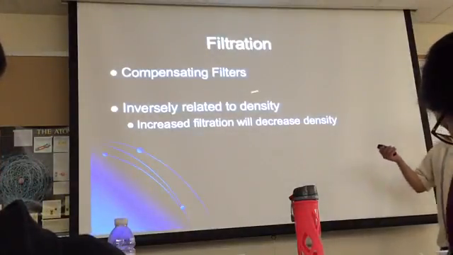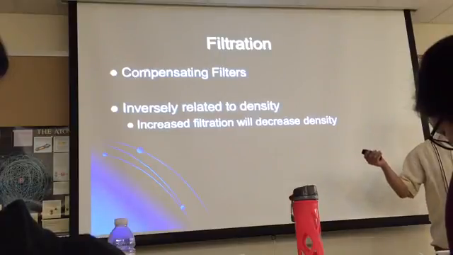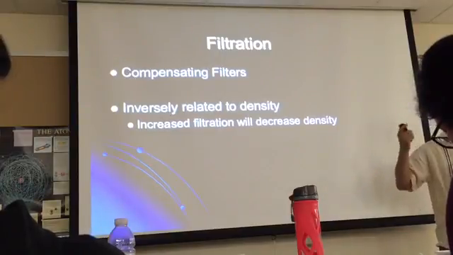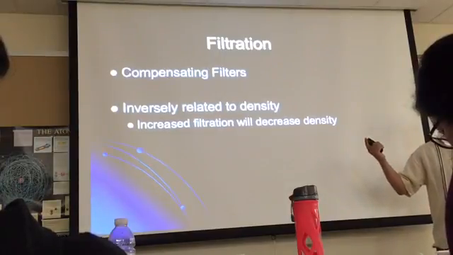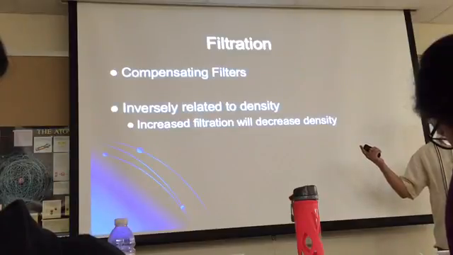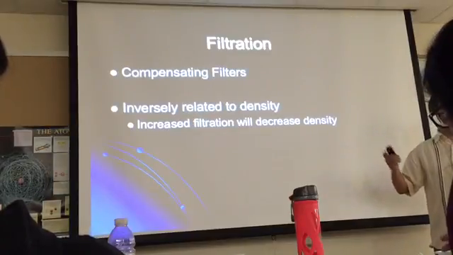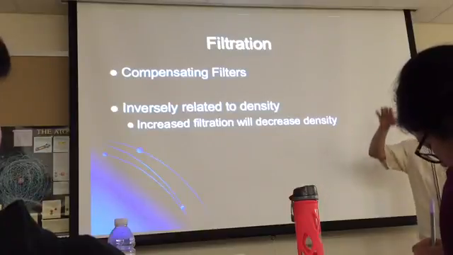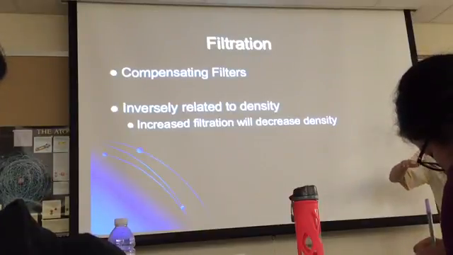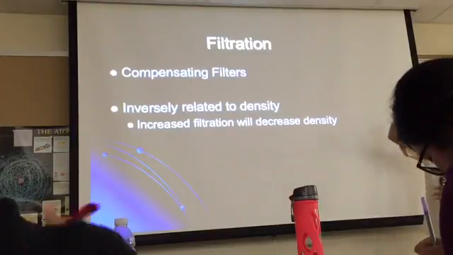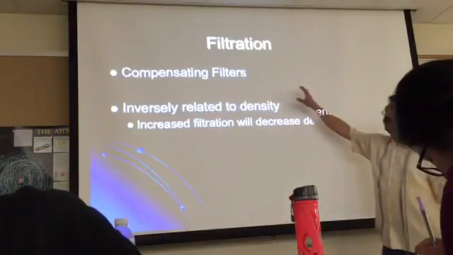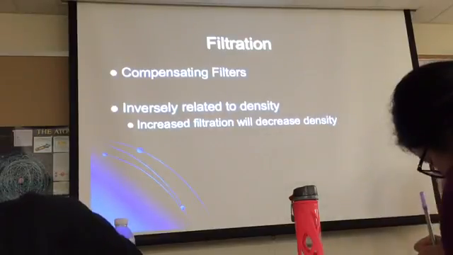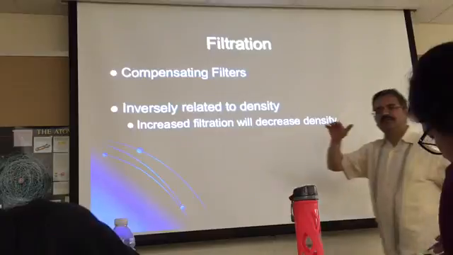Compensating filters, remember, what do they do? Compensates for what? Body thickness, right? When you have one side thicker, those are the compensating filters. You add them when the densities are different.